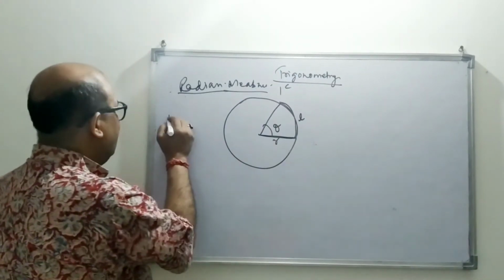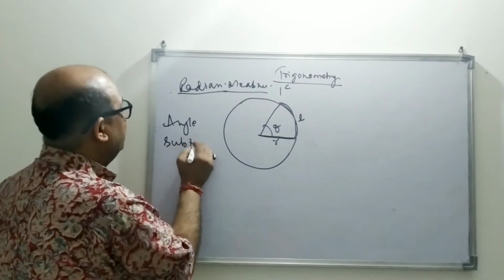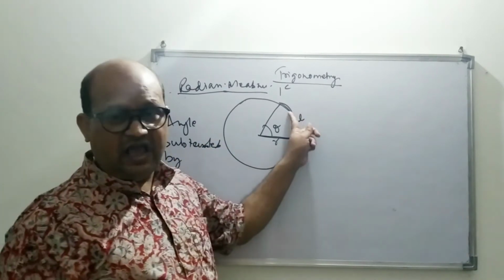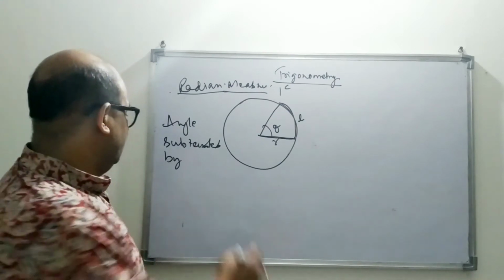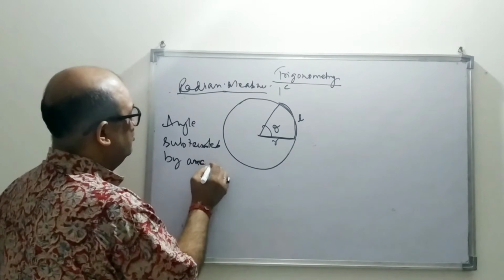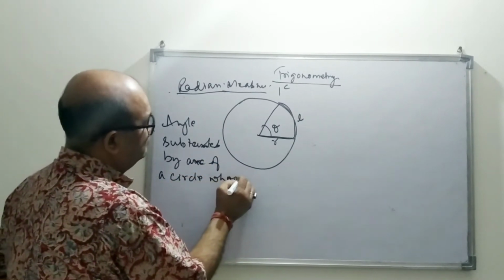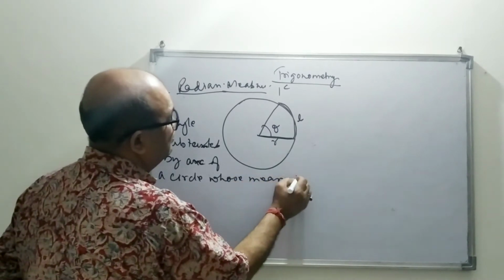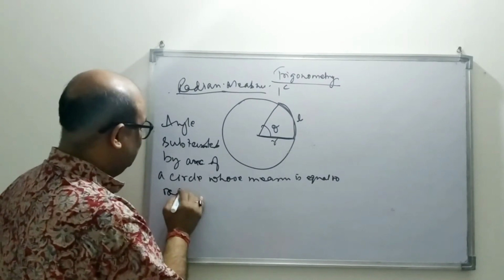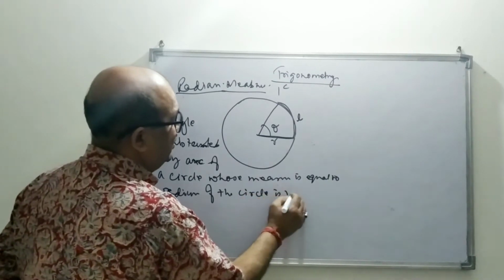The angle subtended by an arc of length L, which is equal to R, of a circle whose measure is equal to the radius of the circle, is 1 radian.